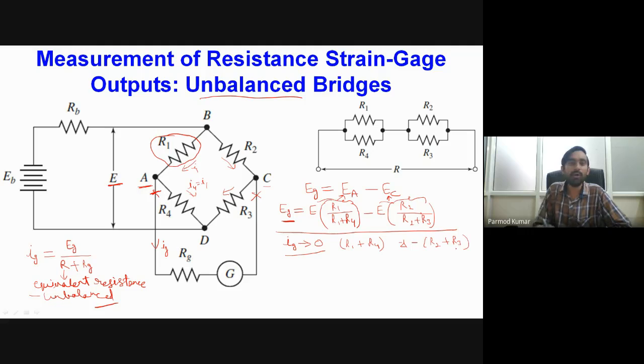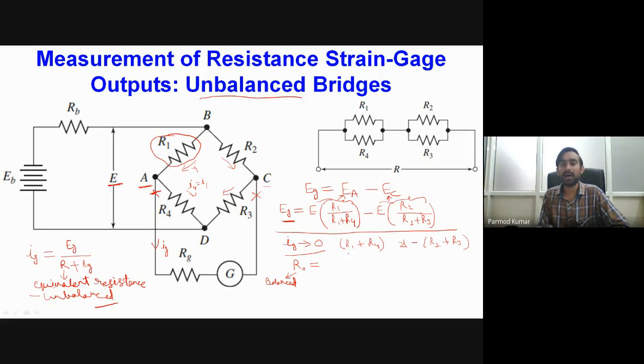Overall, the resistance of R1 and R4 is in parallel with the resistance of R2 and R3, and that entire combination is subjected to voltage E. So the overall resistance I am writing now is for a balanced circuit.